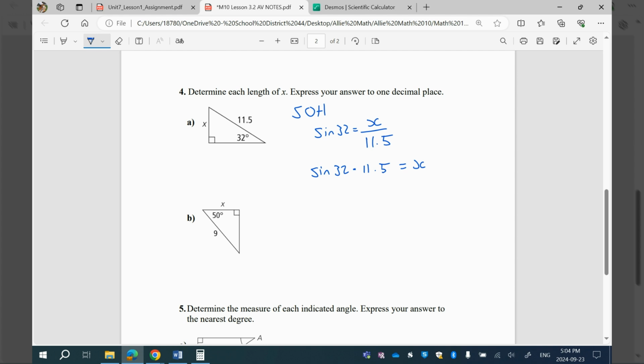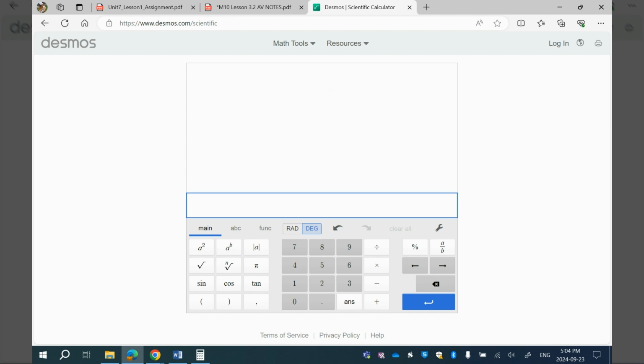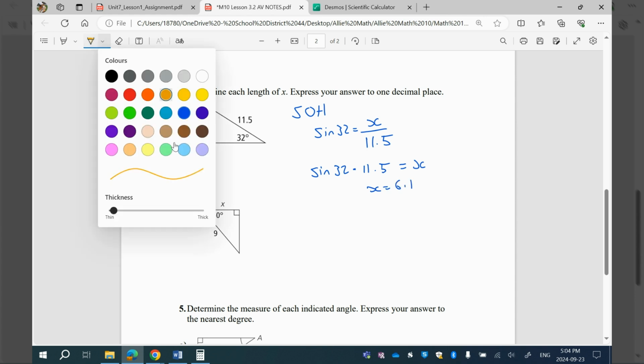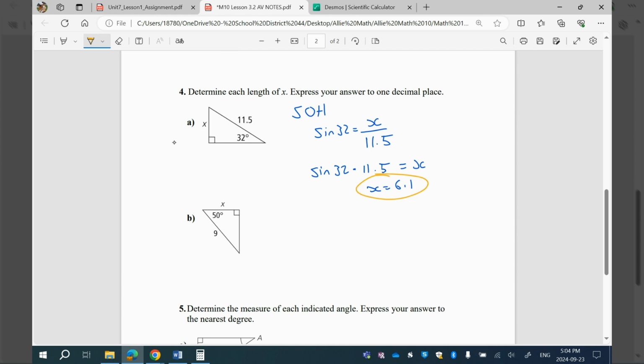Sine 32 times 11.5 equals 6.1, rounded. So x equals 6.1. It doesn't say which units it is. And last step, does that make sense? Yeah, I would say that makes sense. It's shorter than 11.5. Don't know exactly how much shorter, but there you go.